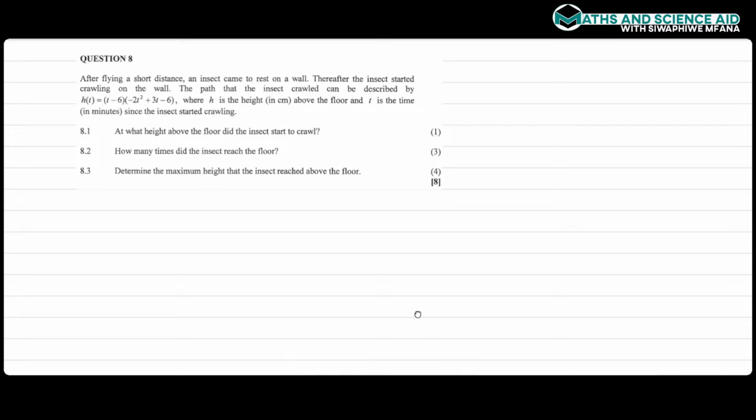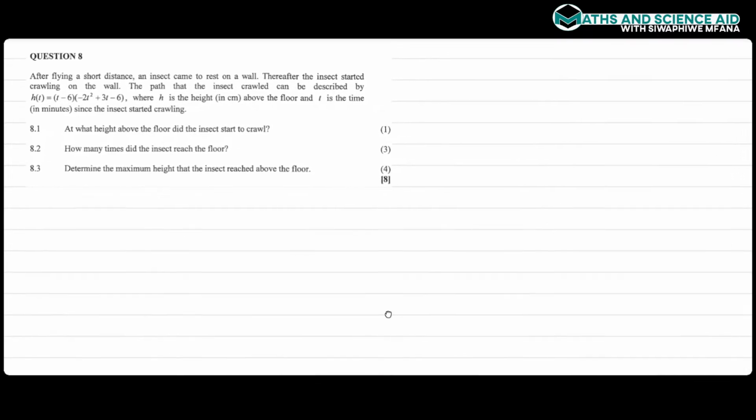This is quite interesting. I'm going to try to draw a diagram to depict what is happening here. So imagine that this dot is your insect, and it was flying a short distance, let's say in this direction.